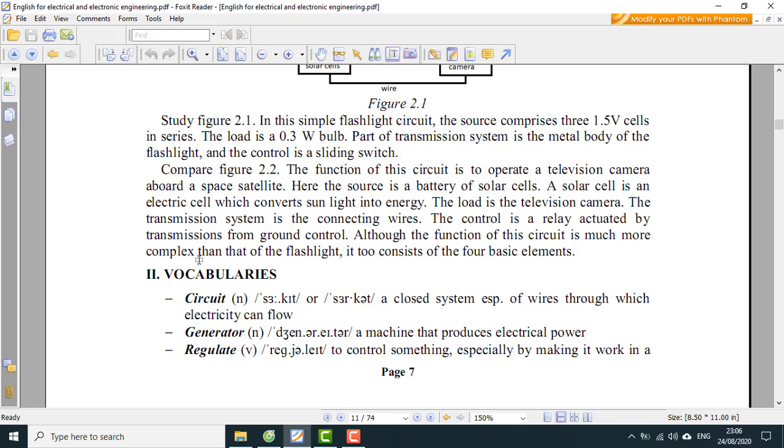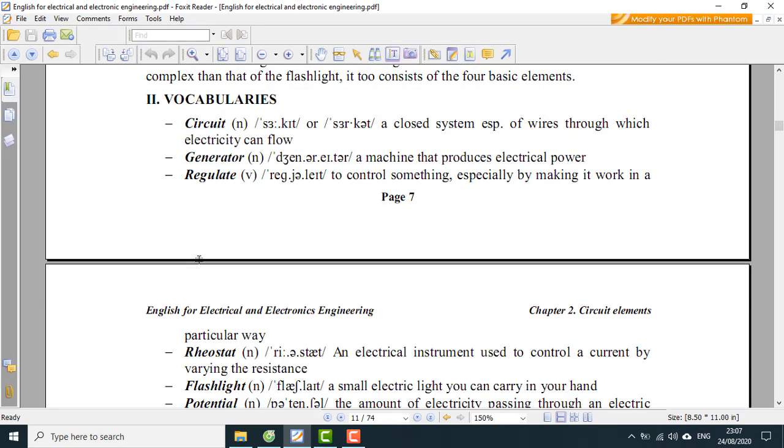Part 2, vocabulary. Circuit means a closed loop, a closed system, especially a wire through which electricity can flow. Generator means a machine that produces electrical power.